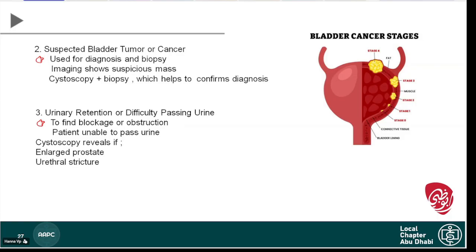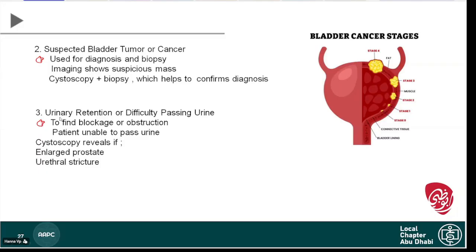So they will do a cystoscopy in this case. Sometimes cystoscopy is done with a biopsy at the same time. Biopsy means a specimen taken from the living organism, which helps to confirm the diagnosis before treatment. So this is the second reason.